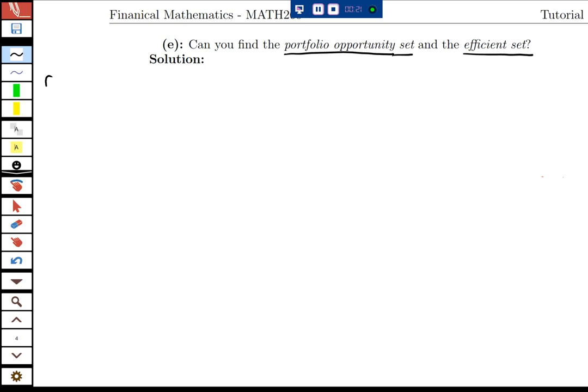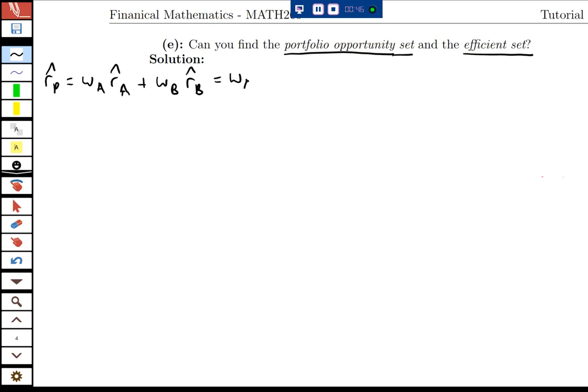Okay, so the expected return on the portfolio depends on the weights, the weight omega A and the weight omega B. The expected returns for assets A and B are fixed.